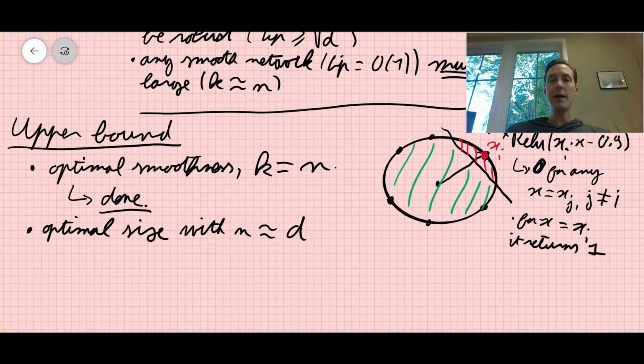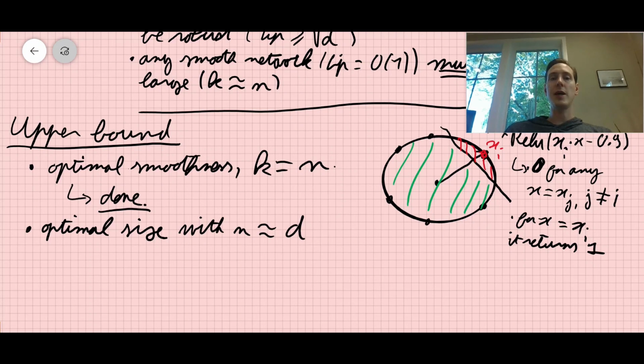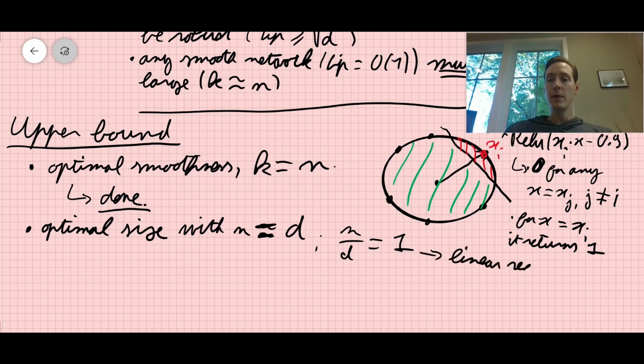But let's assume now, for sanity check of our conjecture, let's see what happens if you ask to have an optimal size when n is of order d. Then n over d is a constant. Let's say n over d is exactly equal to 1, meaning you have a single neuron, so you're just doing linear regression. Okay, so n is equal to d, you're doing linear regression.